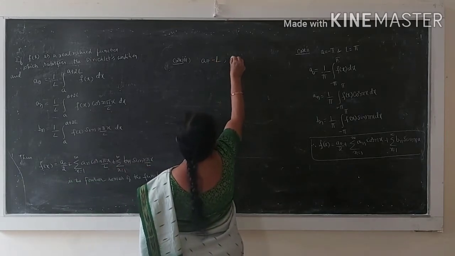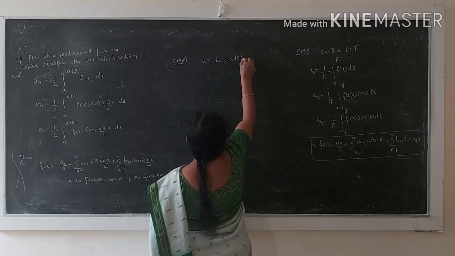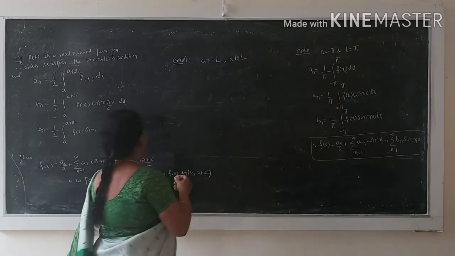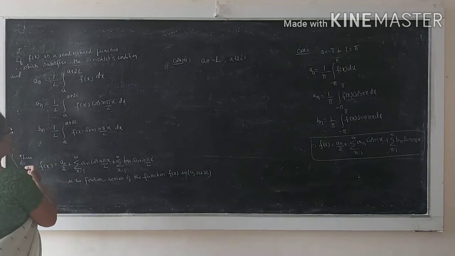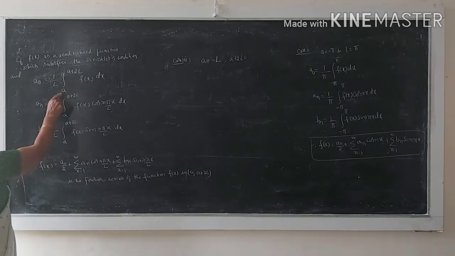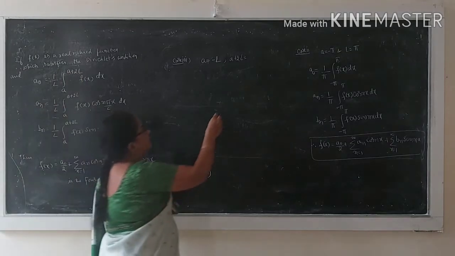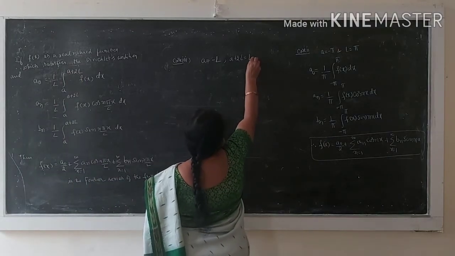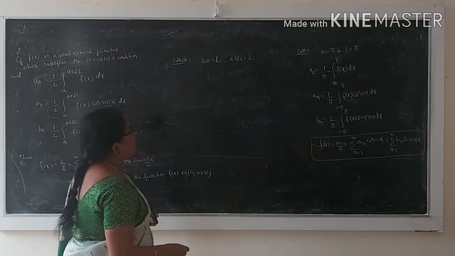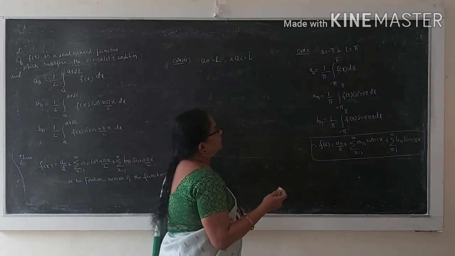Then a + 2L is equal to what? I am substituting a = -L, so a + 2L means -L + 2L. Therefore, a + 2L is going to be L only.